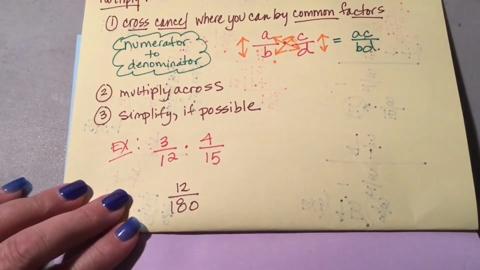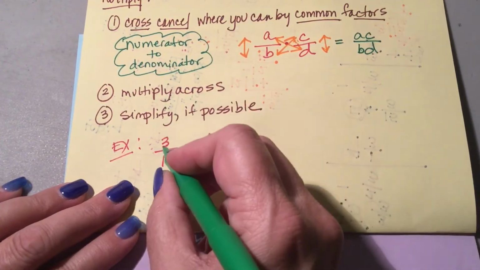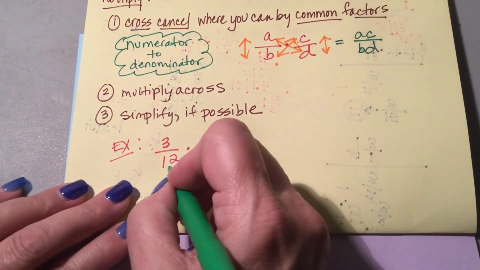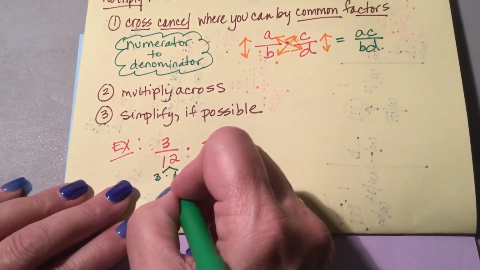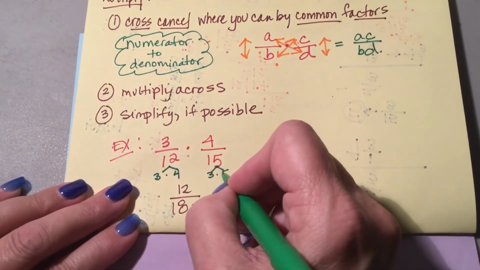So what we want to think about is what's going on here and what we can cancel. We want to find common factors. So 3 and 4 look pretty good. And we know that 12 is the same as 3 times 4, and 15 is the same as 3 times 5.